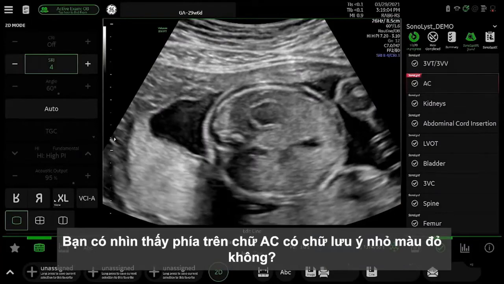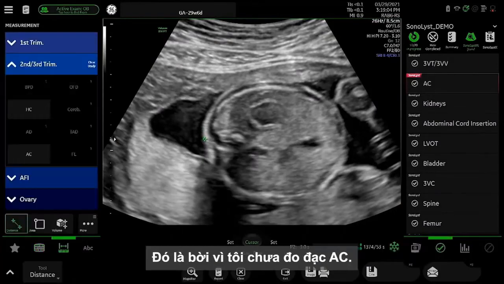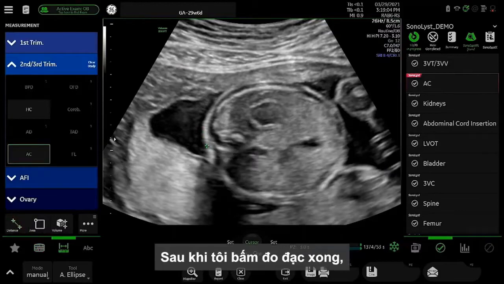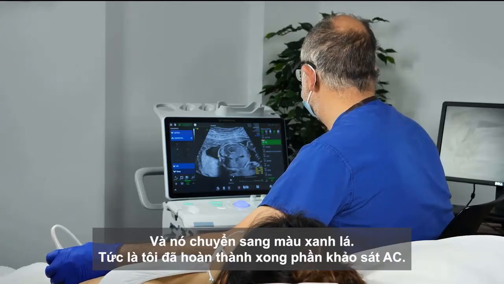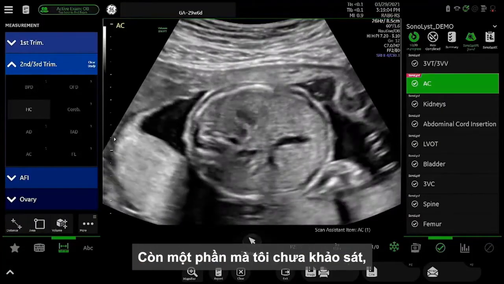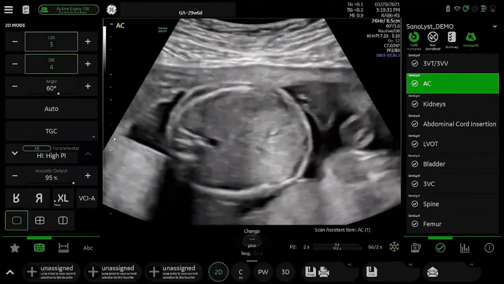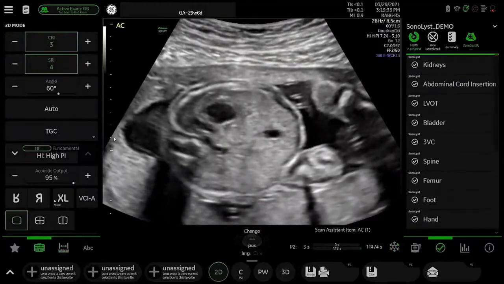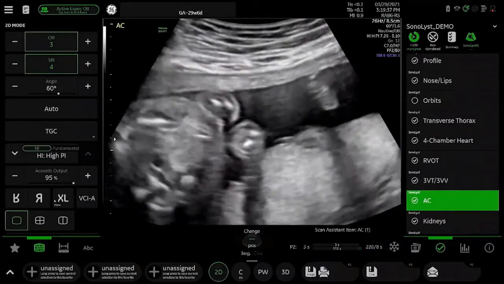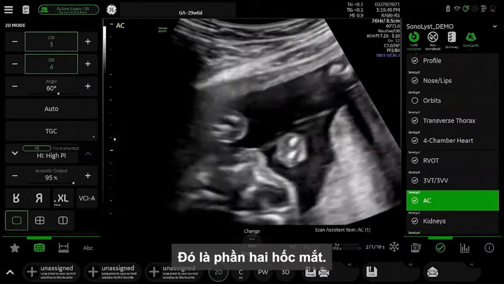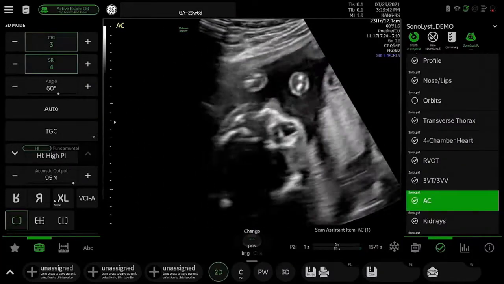It's got a little red border around it because I haven't got my calipers on. So I put the calipers on there. And that's gone green. And then the other thing was orbits. Okay. I didn't take a picture of the orbits. Let's come here.